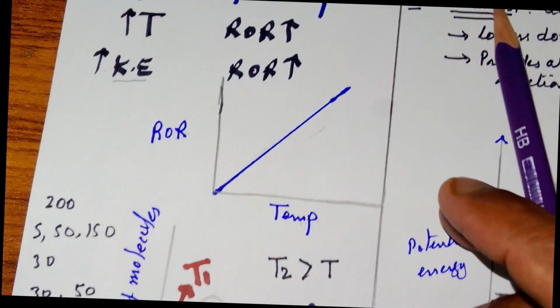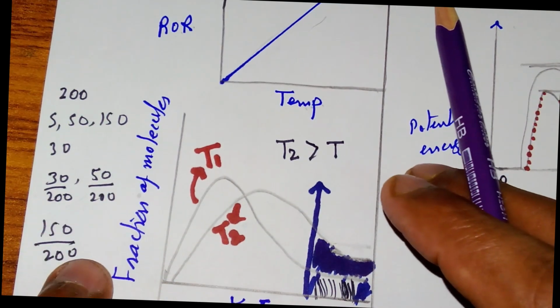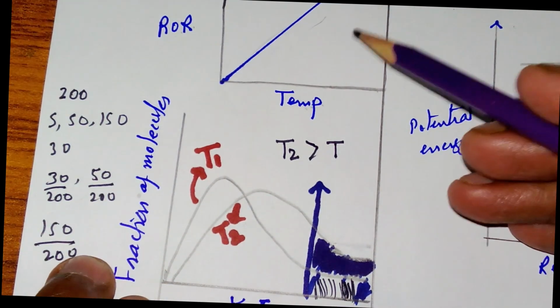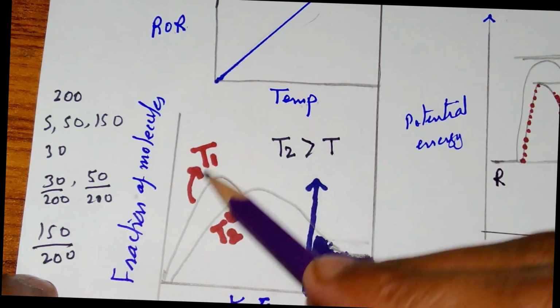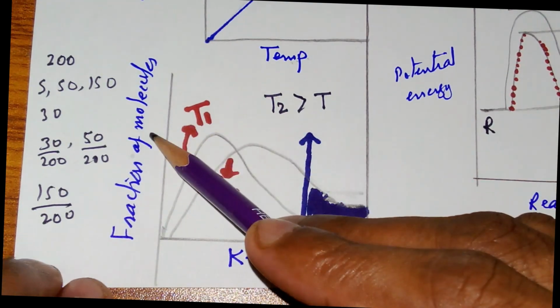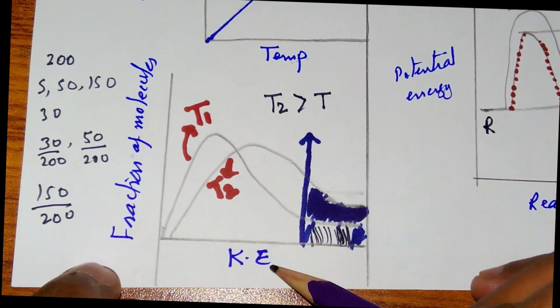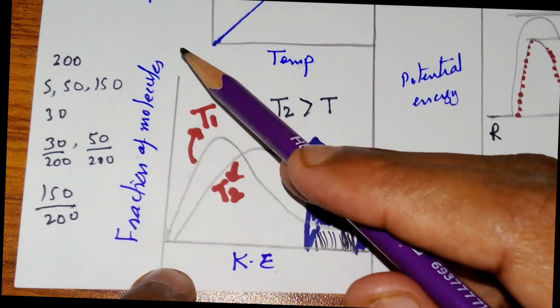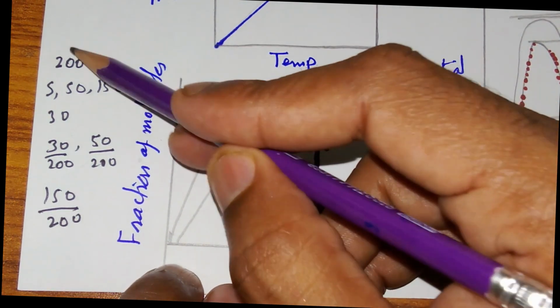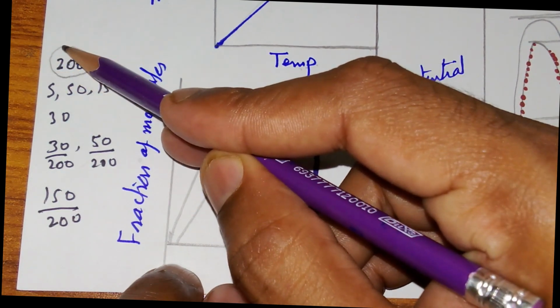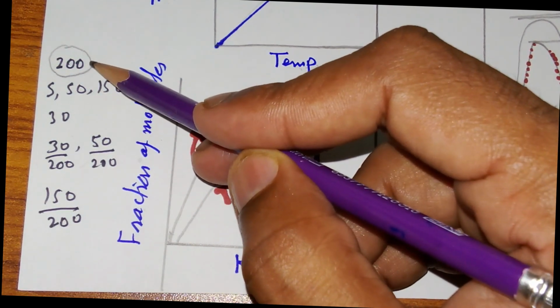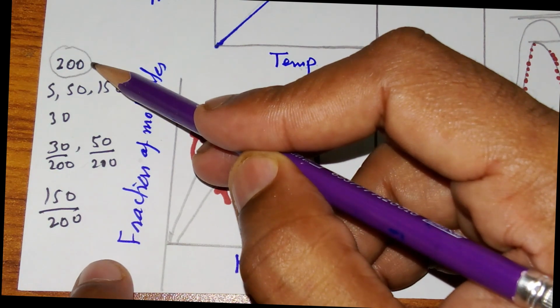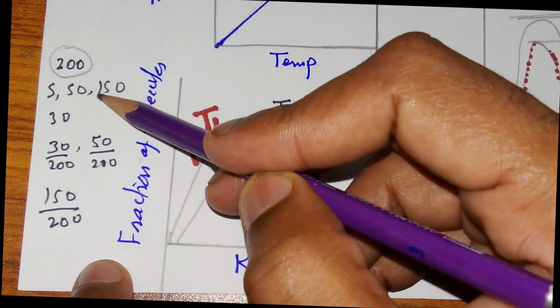Now we have to take another graph. This is the relationship between the fraction of molecules and kinetic energy. So let's understand what the fraction of molecules is. Let's consider we have 200 molecules, and among the 200 molecules, different molecules have different kinetic energy.